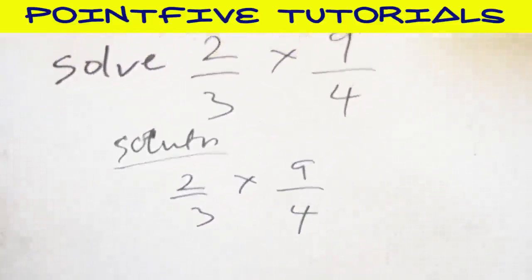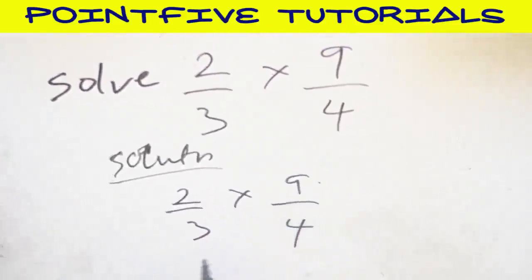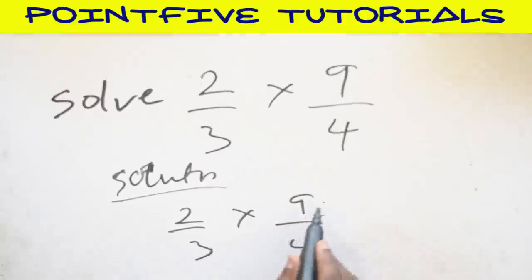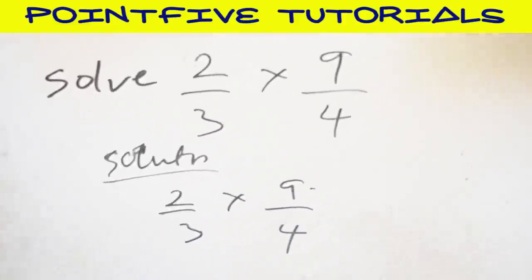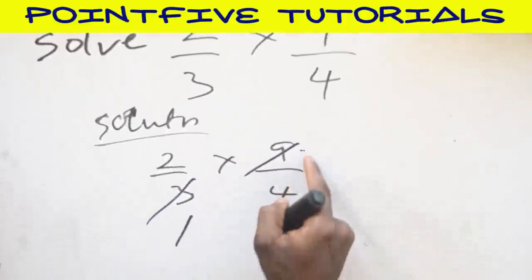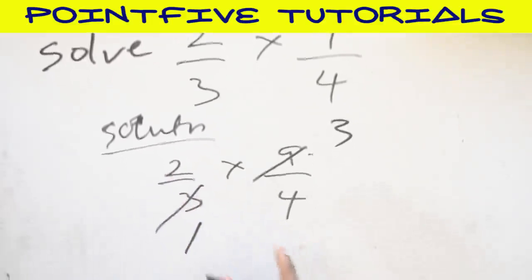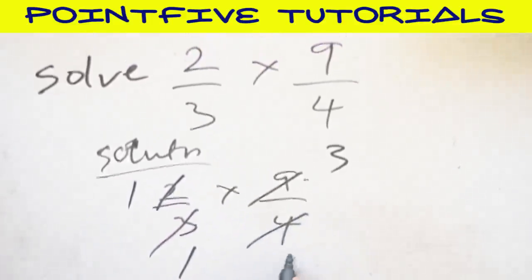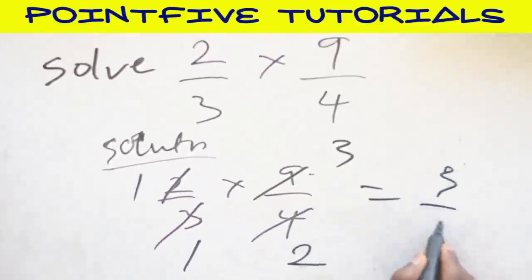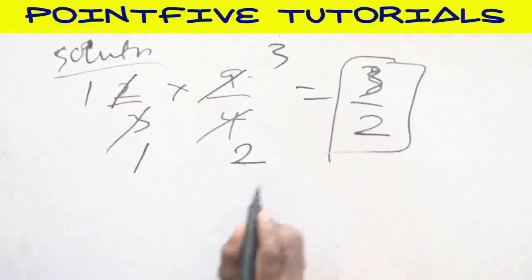When you check, instead of saying this multiplied by this, you ask yourself, can 3 divide 9? 3 can divide 9, 1. 3 can divide itself, 1. 3 can divide 9, which is 3. Can 2 divide 4? Yes. 2 here, 1. 2 here, 2. We'll have 3 over 2. See the same answer, 3 over 2.